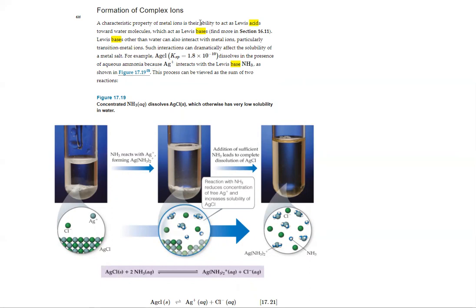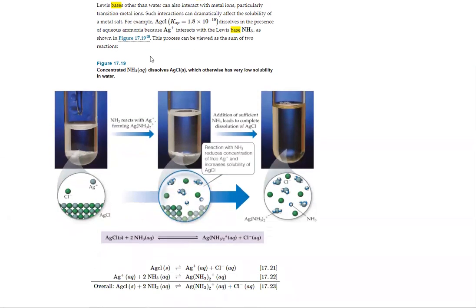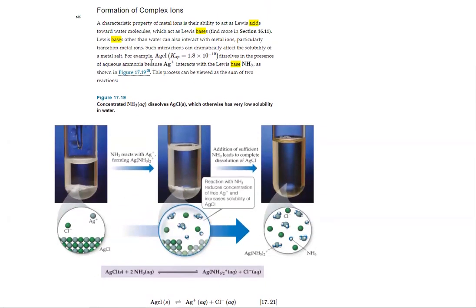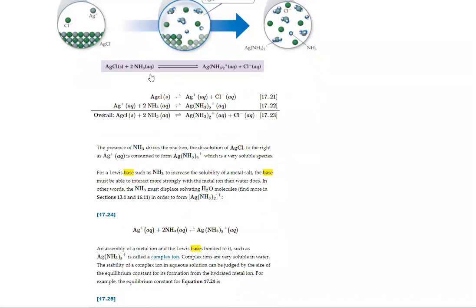A complex ion forms when a salt will dissolve in something other than water, or whenever a metal is dissolved in something. So it'll be water, it'll be ammonia, anything like that. You'll see these reactions occur.